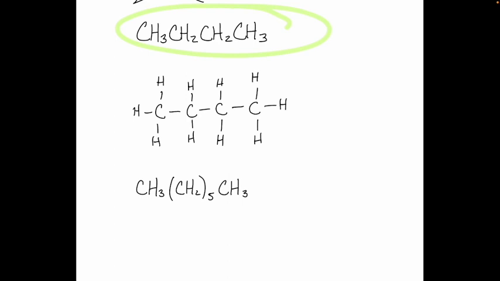These parentheses are telling me that I have multiple CH2s. So I have 5 CH2s in this formula. Everybody take a second and draw me the Lewis structure of this molecule.